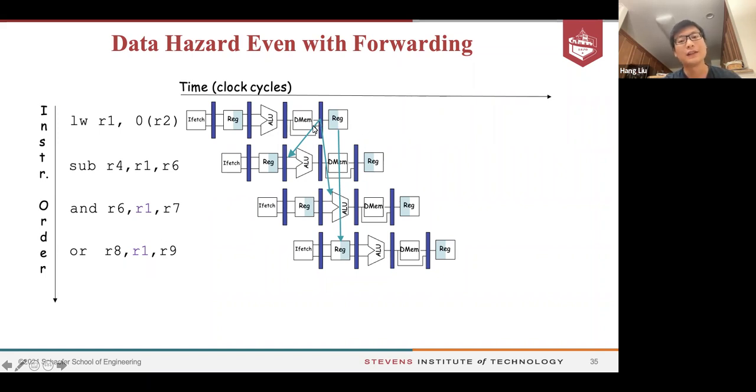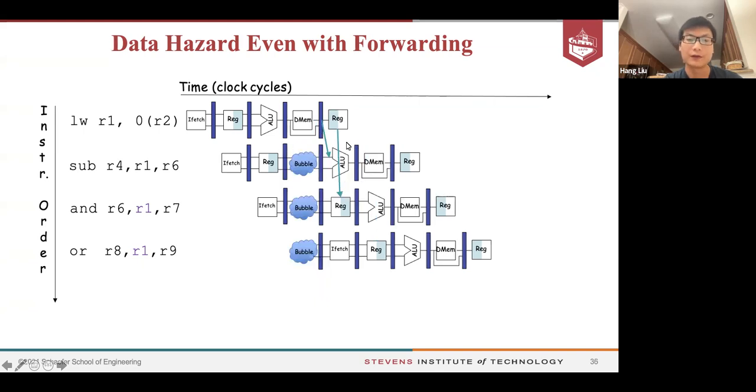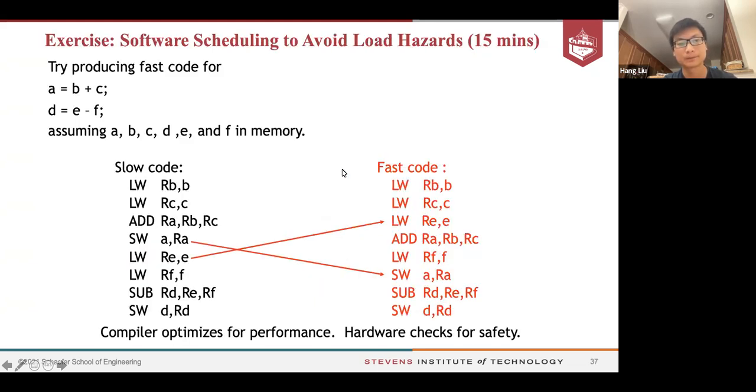So only this instruction has a data dependency that's not satisfied by data forwarding, but the other two should be fine. If this is the problem, what we're going to do is insert a bubble here, in the middle of the instruction.